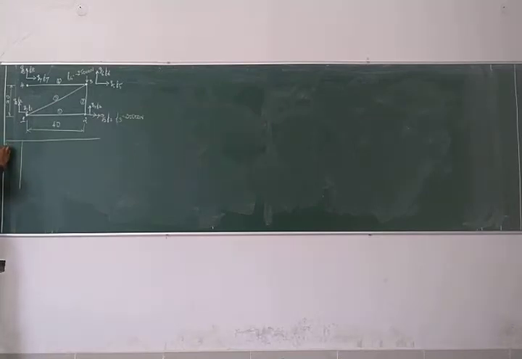The first column is element number. The next column, I'll put it as initial node. And for this initial node, the node number, its x coordinate and its y coordinate.